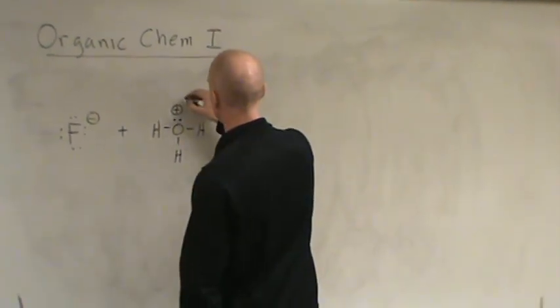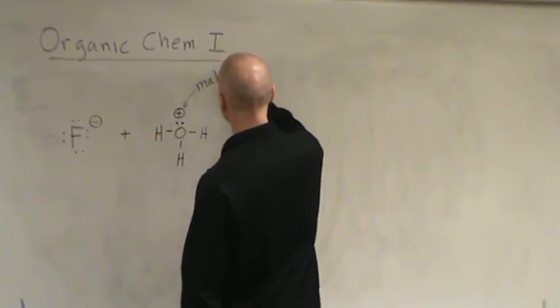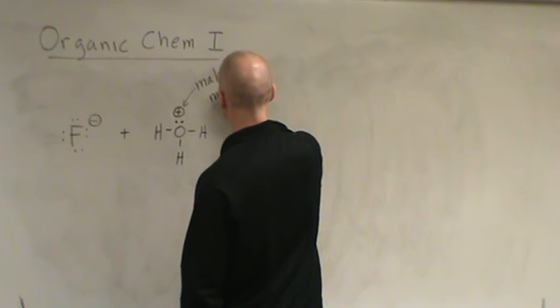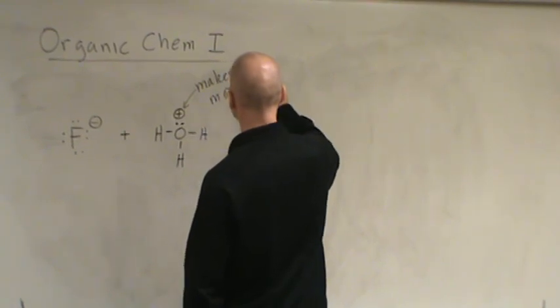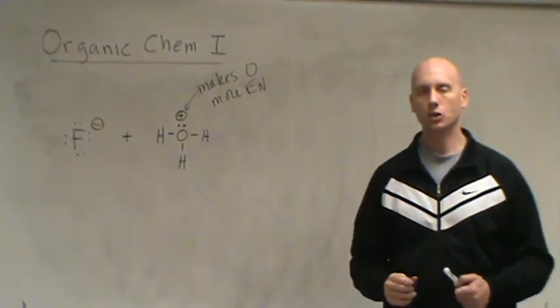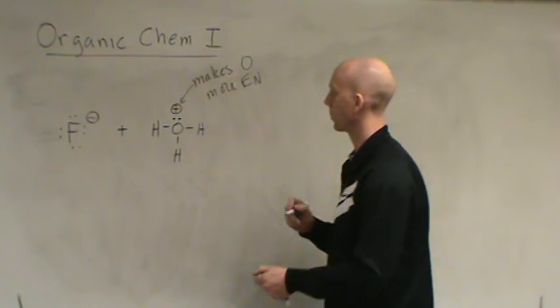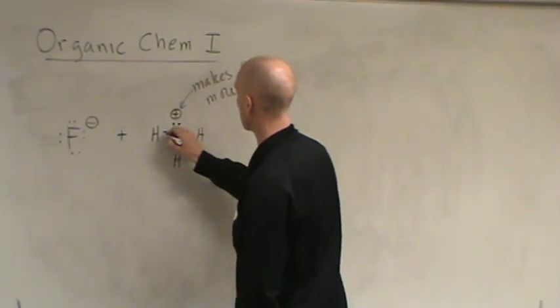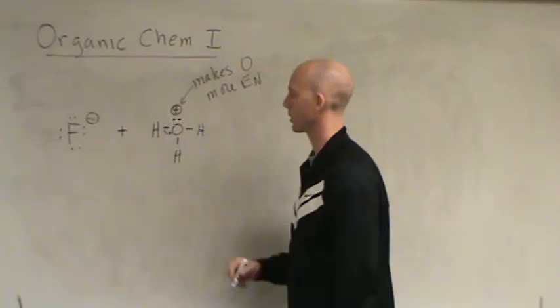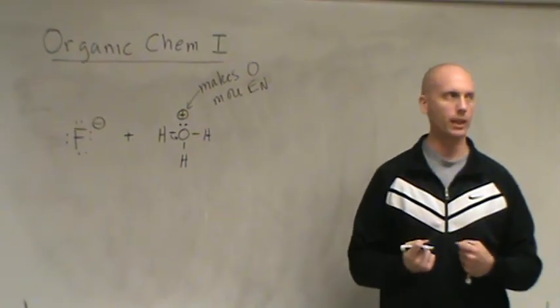When I have oxygen with a positive charge, it makes oxygen more electronegative. Okay? Because oxygen doesn't like to have a positive charge. And so it's really going to be pulling on these bonding electrons. It's going to pull them very, very much now.